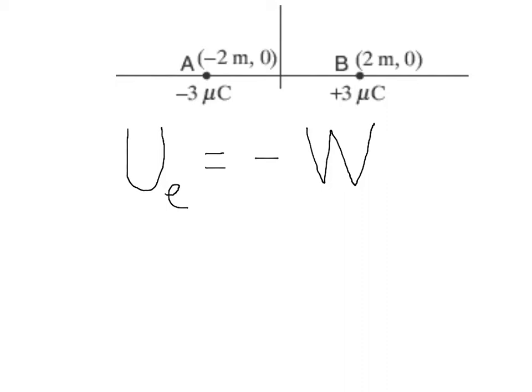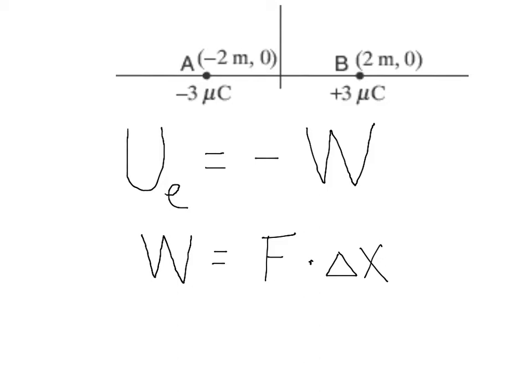Now, in this situation, it's a little troublesome to talk about how much work is done by charge A pulling charge B towards it. And that's because the simplest definition of work is described as the amount of force that the object is exerting times the little displacement that the object has while that force is being exerted.